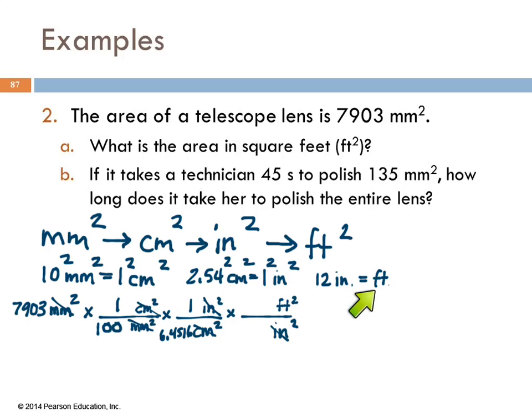Then 12 inches in a foot. I forgot the 1 on the foot. 1 foot. 12 squared, inches squared, 1 squared, foot squared. And that's reminding me of Dr. Seuss. So 12 squared is 144.